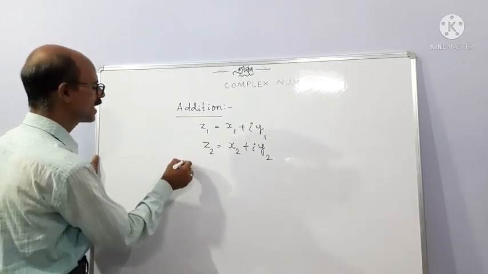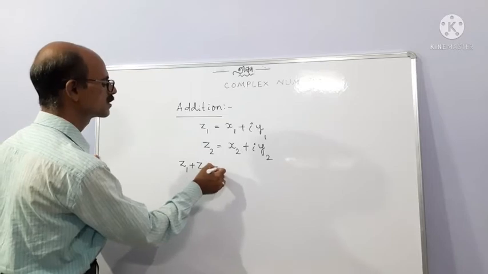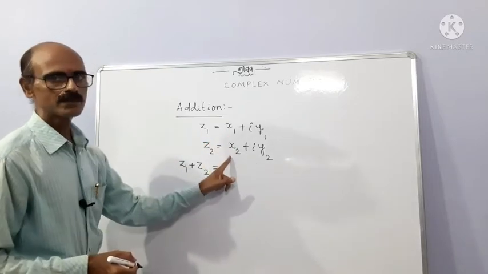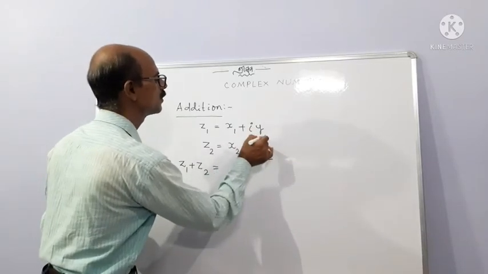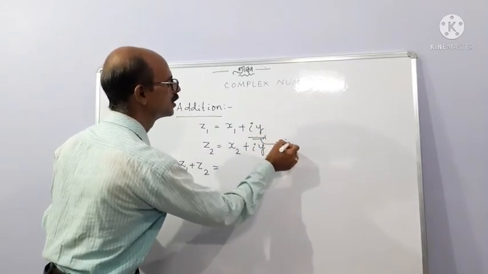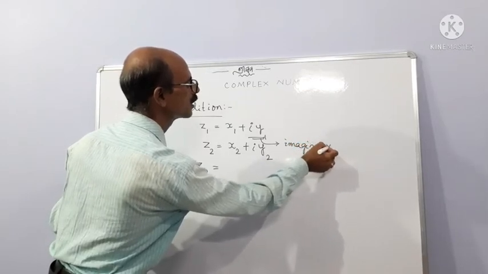Then z1 plus z2 will give us, add the real parts, add the imaginary parts. I forgot to tell in the beginning: this is the imaginary part.